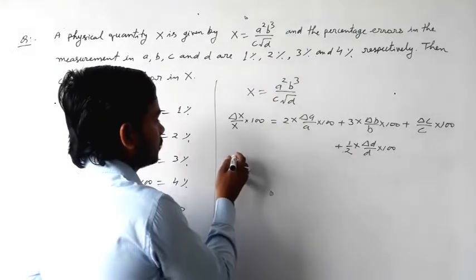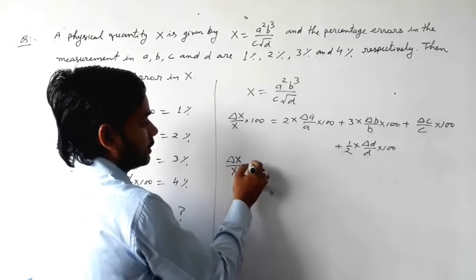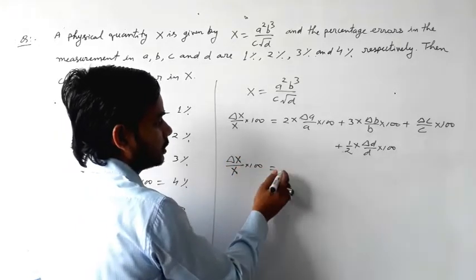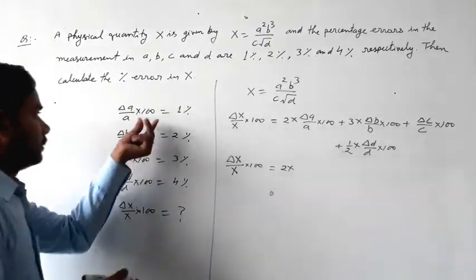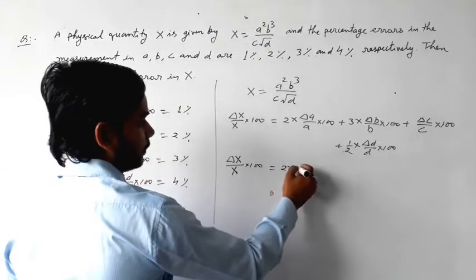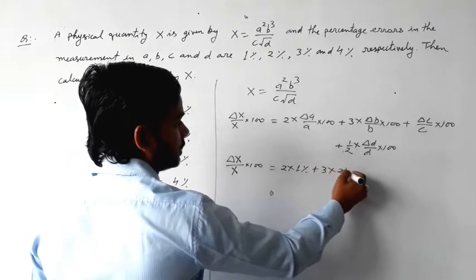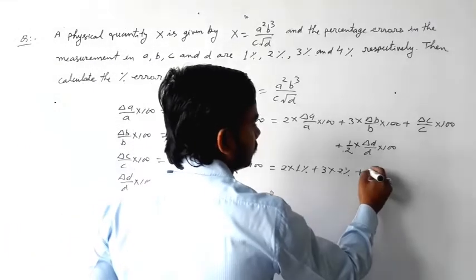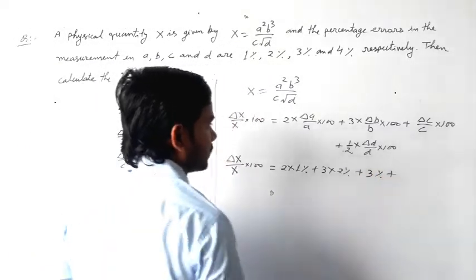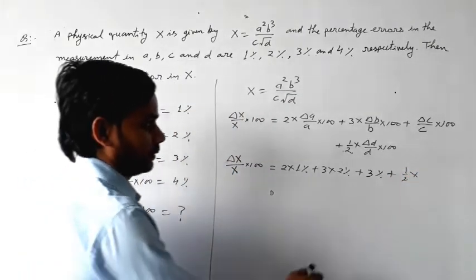So delta x upon x into 100 equals 2 into the value of delta a upon a, which is 1%, plus 3 into 2%, plus the value of c, which is 3%, plus 1 by 2 into the value of d, which is 4%.